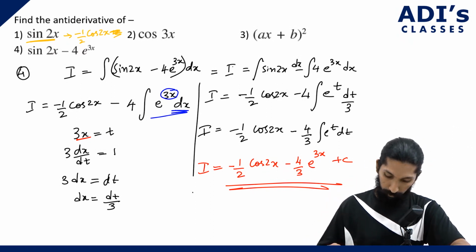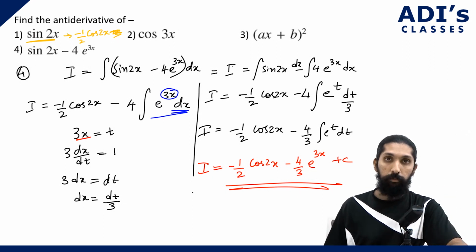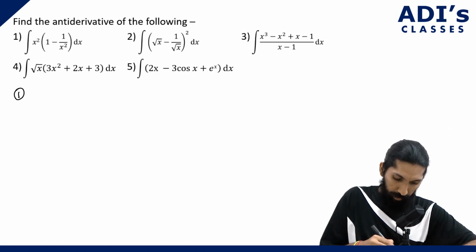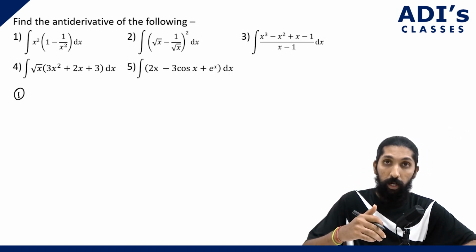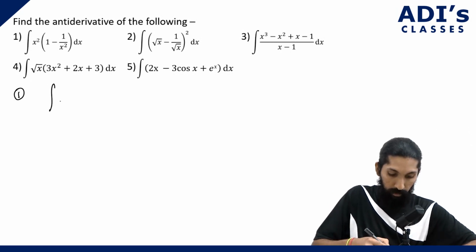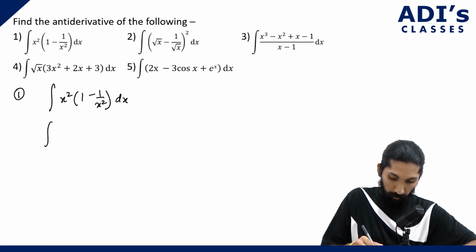Now let's do the next set of problems, a different type of problem. Alright? See, here you need to simplify a little bit before you actually directly apply the integral. So first one, integral of x square into 1 minus 1 by x square, integral of x square minus 1 dx, correct?